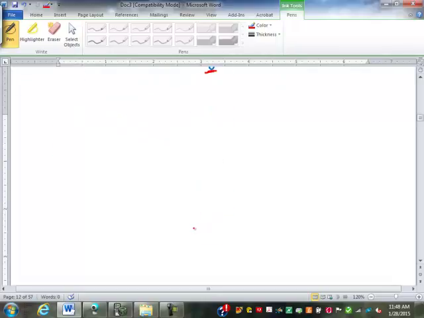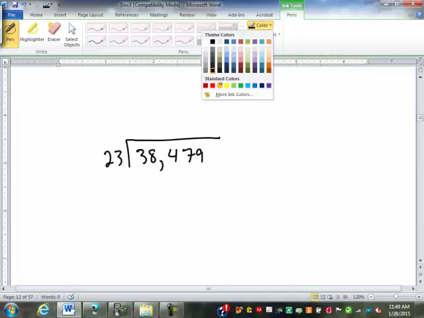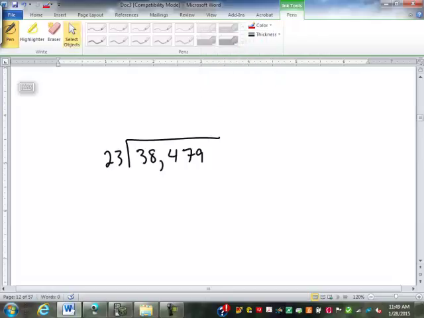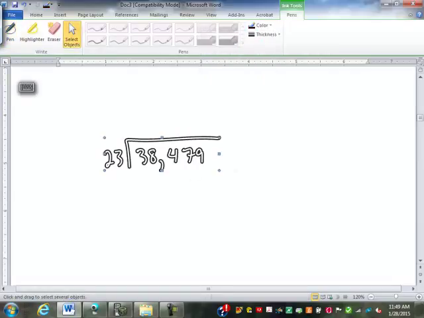So now with that in mind, let's look at a larger problem. Let's do 38,479 divided by 23. Now, I just said that division is repeated subtraction.